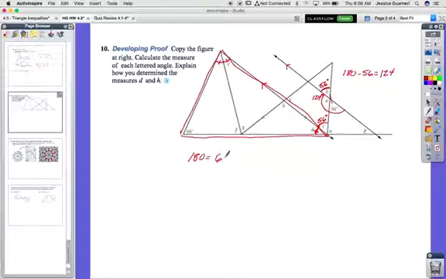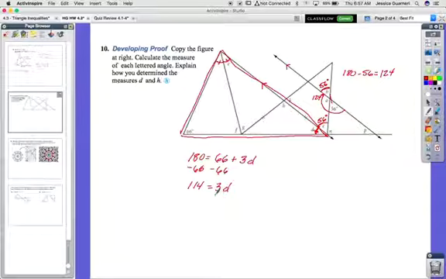I know I have 66 plus, and because all three of these are the same, I can say plus 3D. So now all I have to do is do the math to get what D is, and I should be good to go. All right, so I'm going to minus 66, and that's going to give me 114 equals 3D.